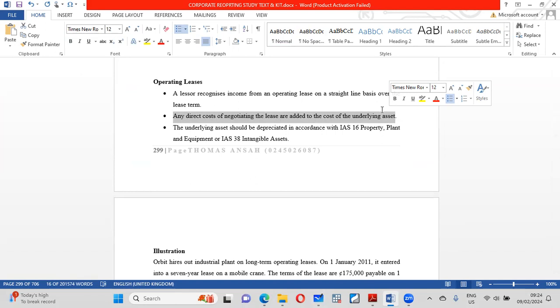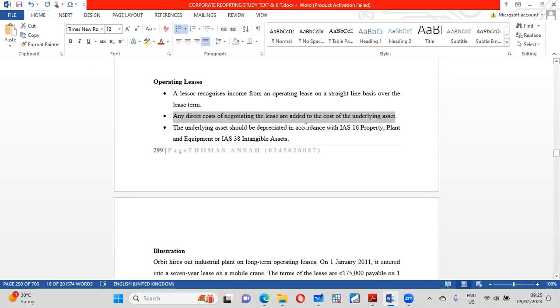It's just that you will be recording the returns as income. On the finance lease, you won't have the asset in your book because the asset is already recorded in the lessee's book. The only thing you have is the receivable amount. Any other direct cost is added to the cost of negotiating the lease.